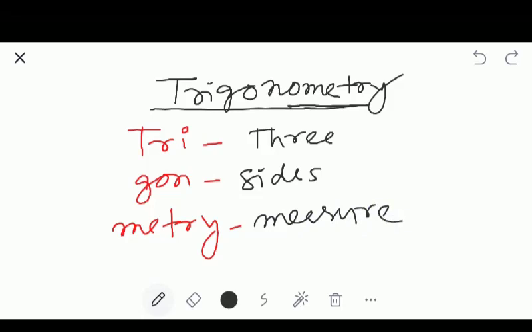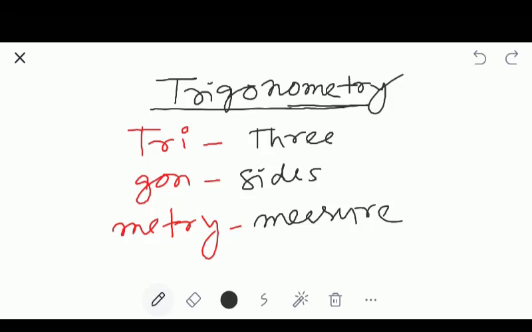That means it is clear that trigonometry is the study of the sides of a triangle, right? One thing you should remember is that in trigonometry we will deal with only a right angle.